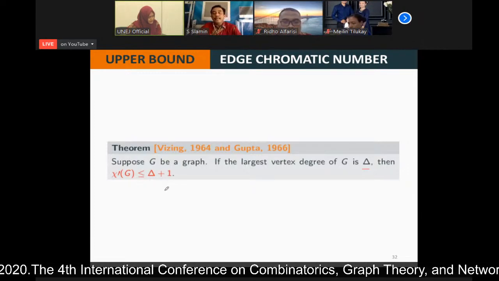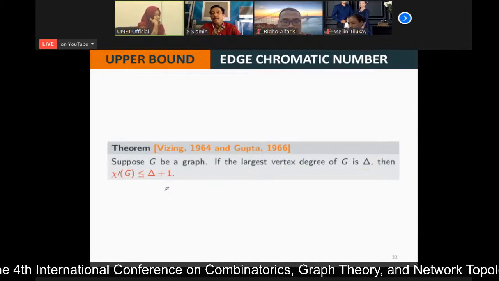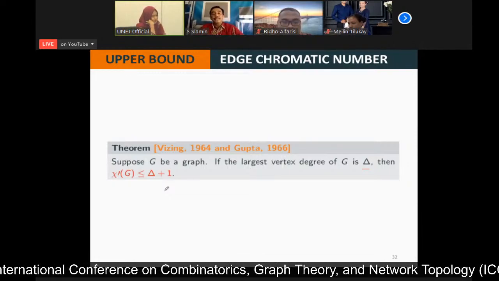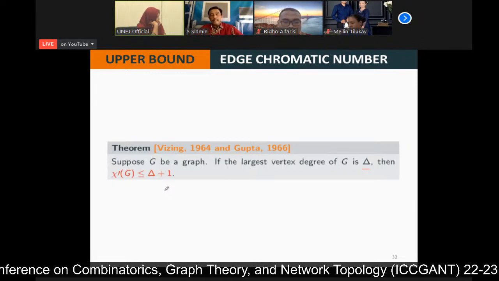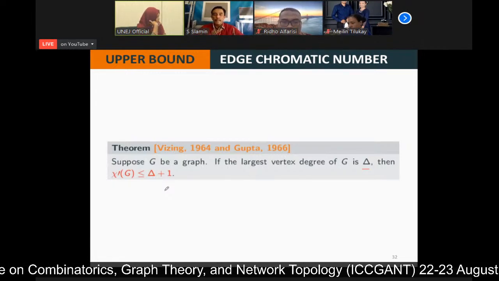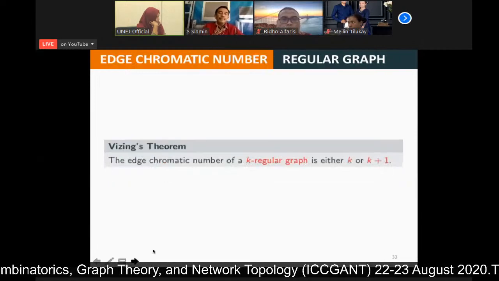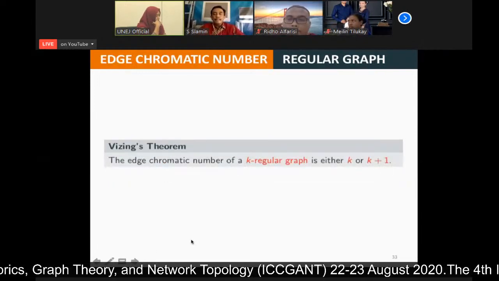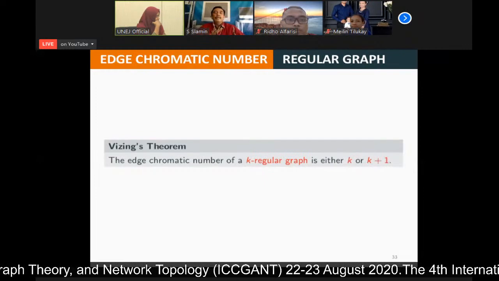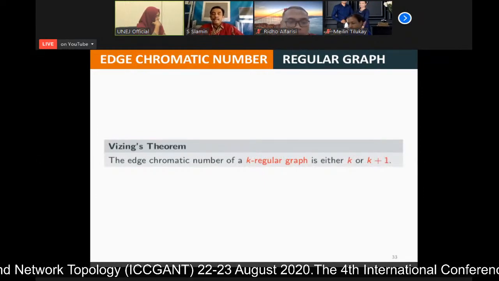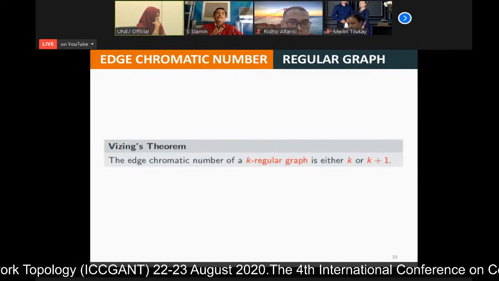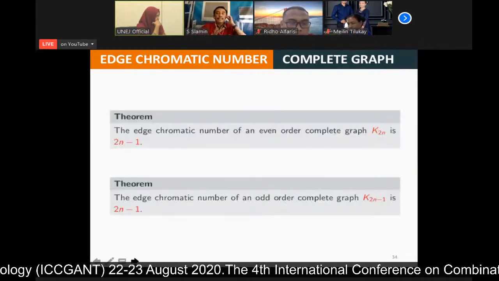It means that the edge chromatic number of G is in between big delta and big delta plus 1. Okay, this is still from Vizing. The edge chromatic number of a k-regular graph is either k or k plus 1. This is the example.